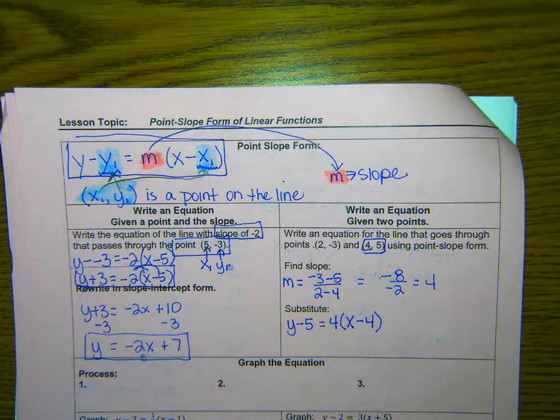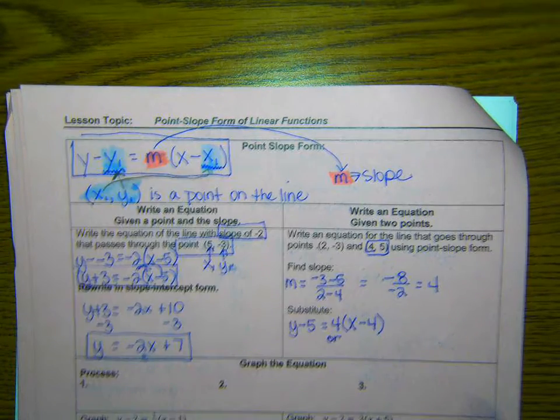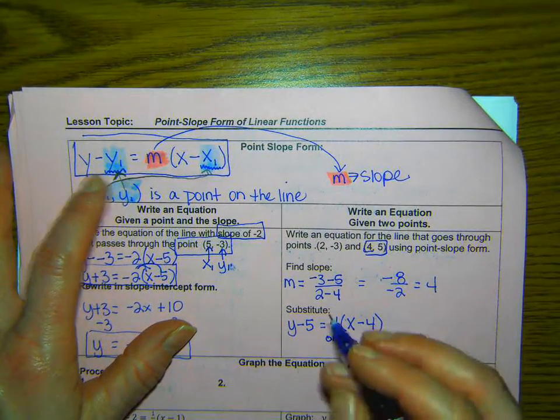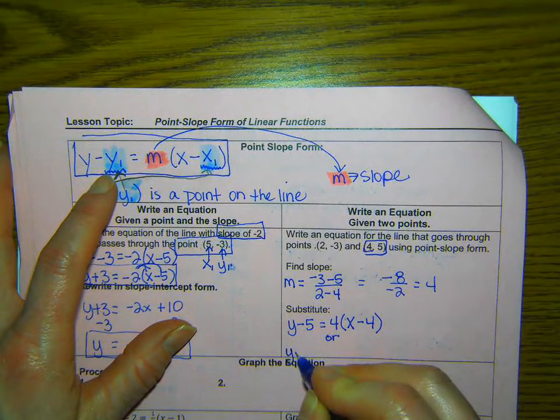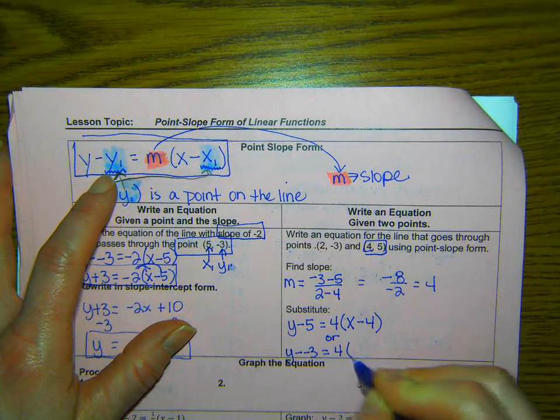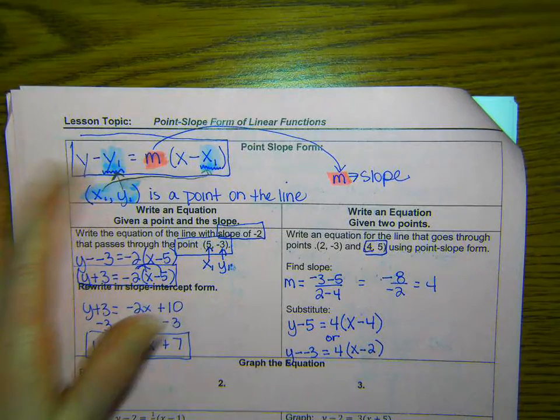Well, let's do the other point just to show you what it would look like. And is it okay if you do the other point? Absolutely. There's 2 point slope forms in this case. If I did these points, instead I would do y minus a negative 3 equals 4 parentheses x minus 2.